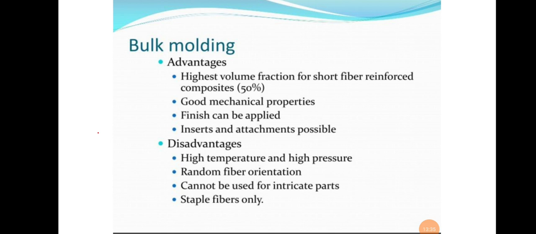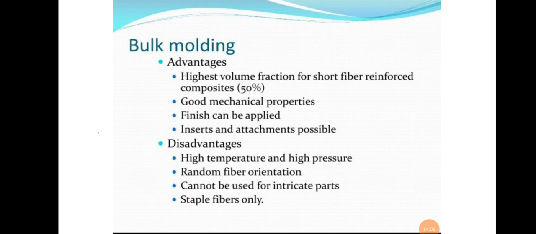Similarly, while there are some advantages, there are also some disadvantages. It involves high temperature and high pressure, which we generally have to observe. Random fiber orientations are generally required here, and it cannot be used for intricate parts, meaning different structures.